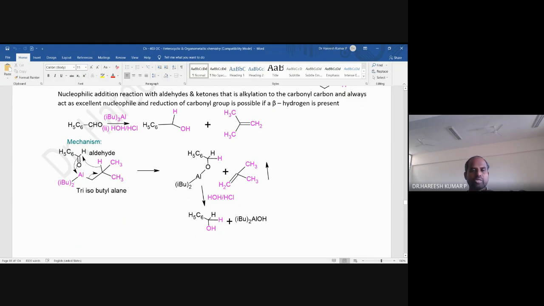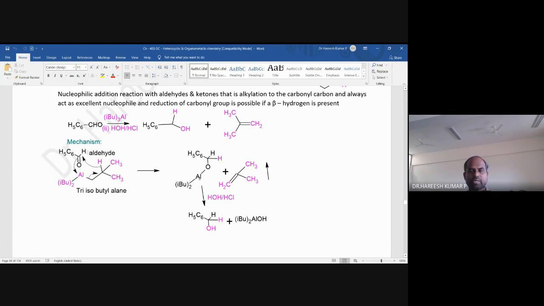You can observe that there are 6 electrons, and this will be the transition state for the formation of alcohol. This H minus will add to this carbon. That means there will be a new bond formation between the carbonyl carbon and the hydride of the isobutyl group. Similarly, there will be a new bond formation between the oxygen and aluminum.